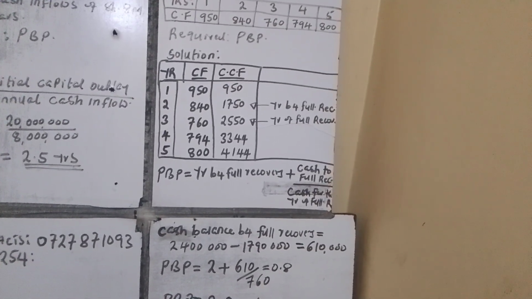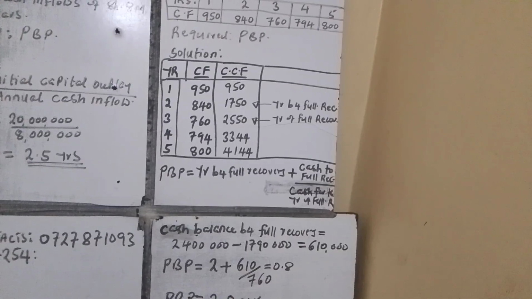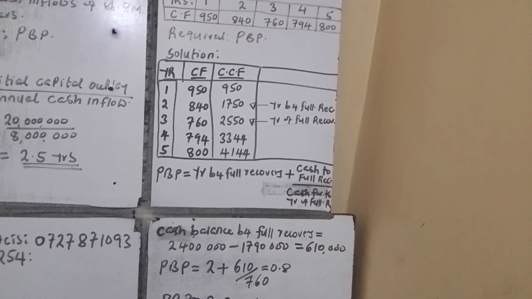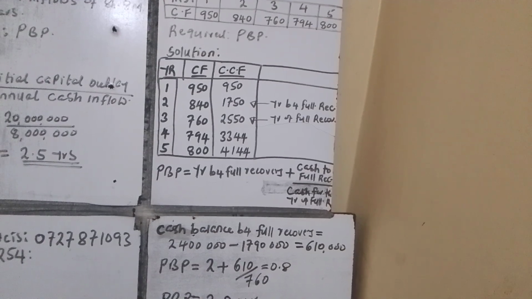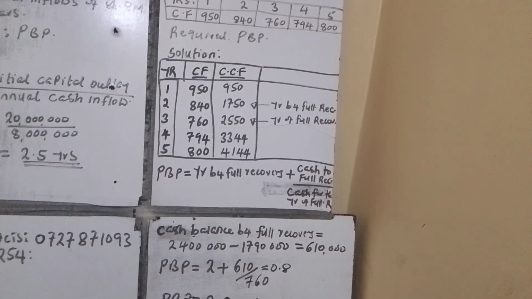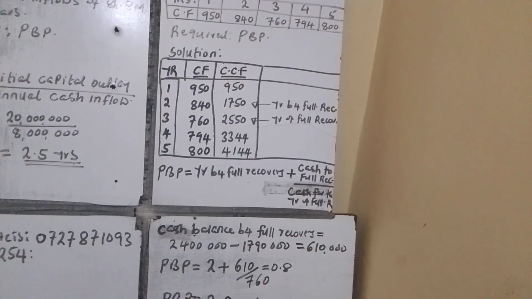So how much is remaining to make it 2.4 when we are in year 2? We have 1750. So 2,400,000 minus 1750. We have rectified that, it's 1750.